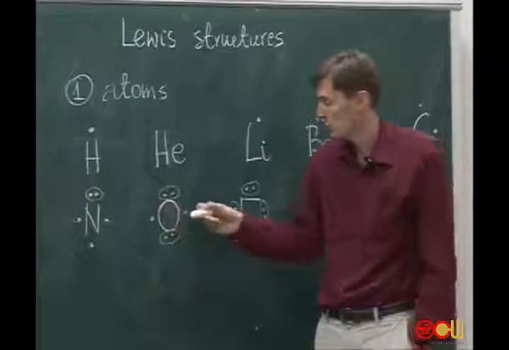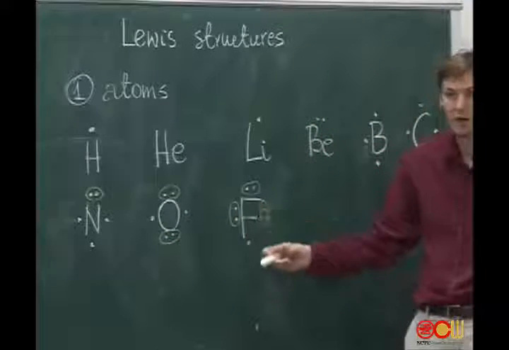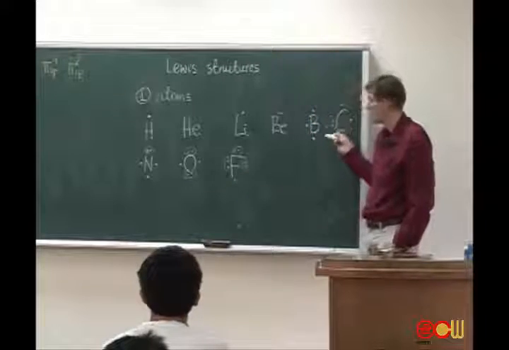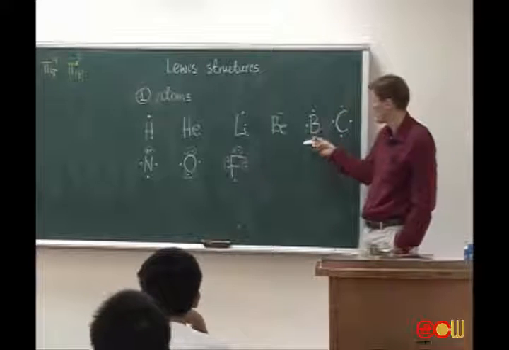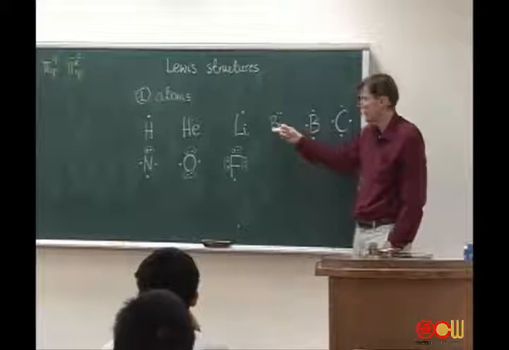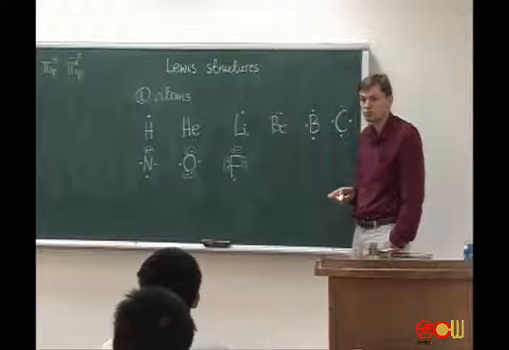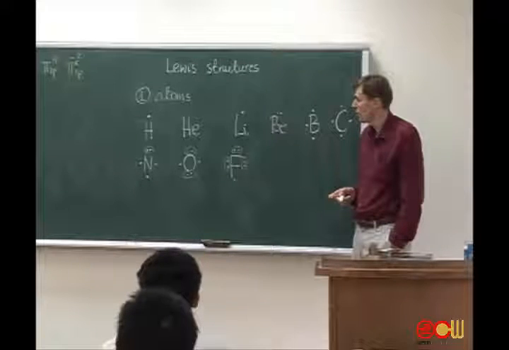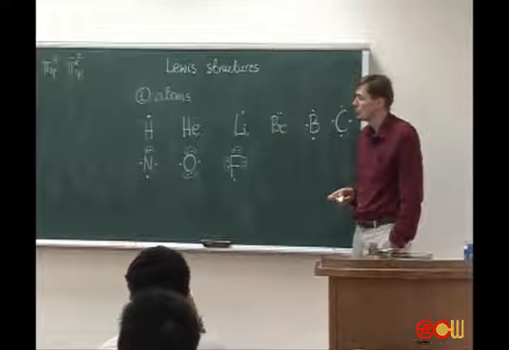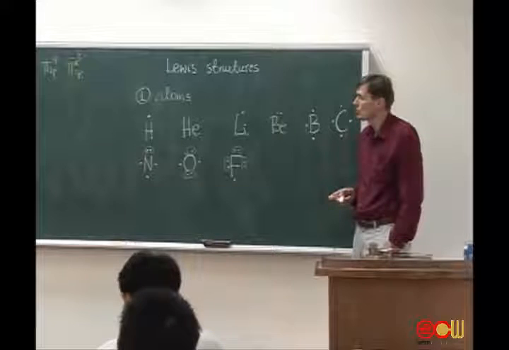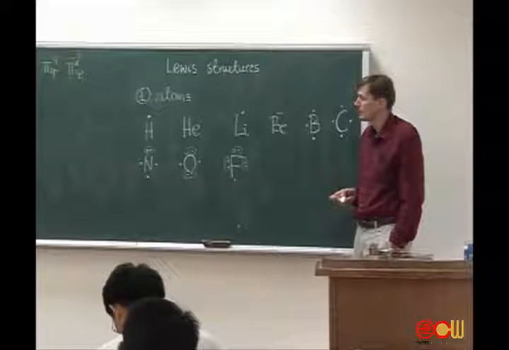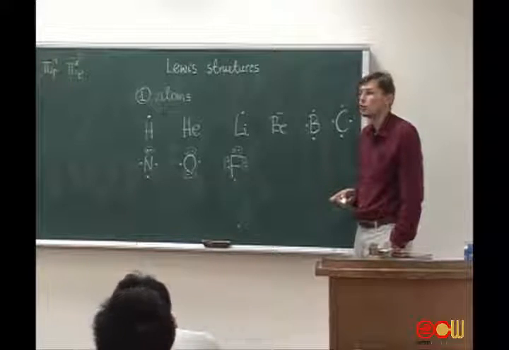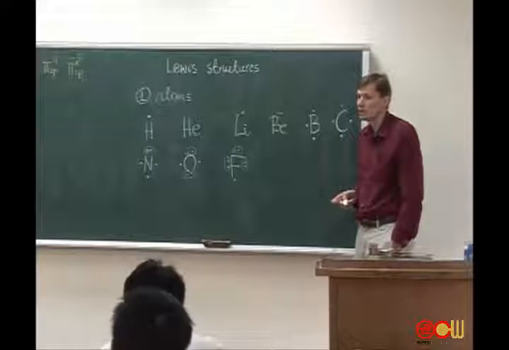Oxygen can have 2 bonds. Fluorine can have only 1 bond. Carbon can have 4 bonds. Boron can have 3 bonds. Beryllium only 2 bonds. So this number of unpaired dots usually shows us how many bonds an atom can make. Again, this is usually, because there are many exceptions to this rule.